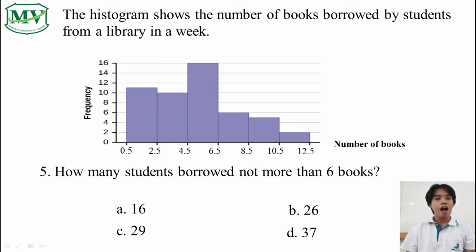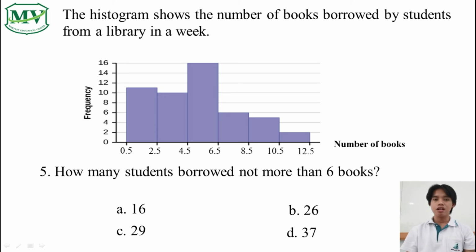For example, how many students borrowed 0.5 to 2.5 books? 0.5 to 2.5 actually means 1 to 2 books. And there are 11 students who borrowed that amount of books. 2.5 to 4.5 means 3 to 4 books, and so on. Now back to the question.